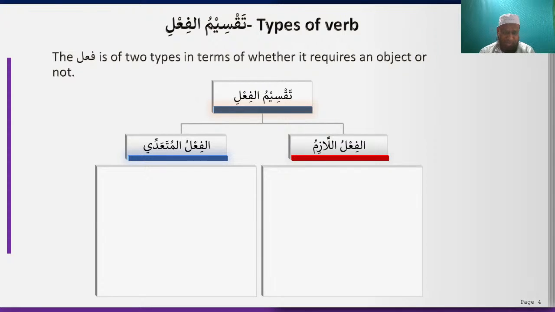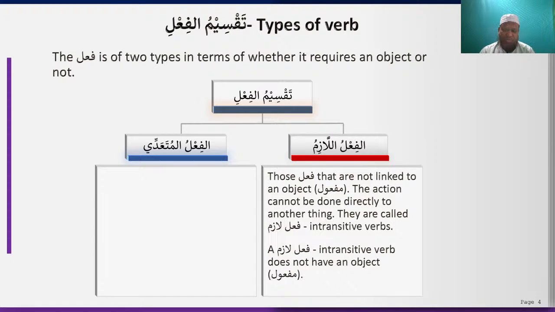From here we can understand الفعل المتعدي requires an object, مفعول به. The first one, الفعل اللازم, on the other hand, does not require an object. So let's see the meaning of الفعل اللازم.